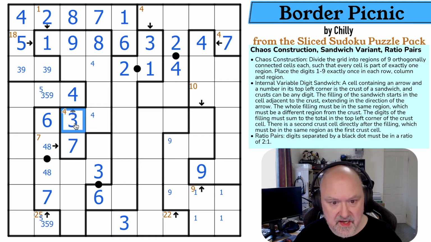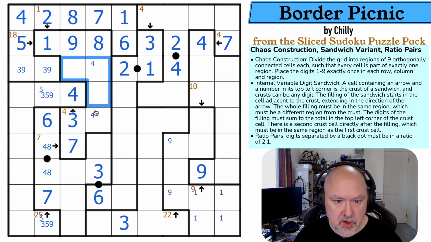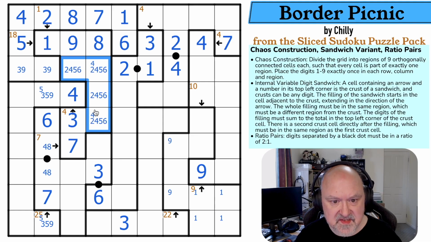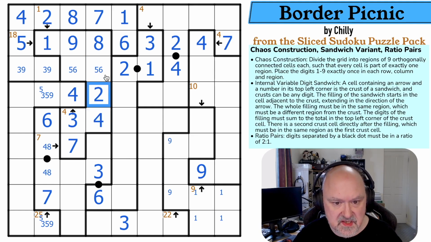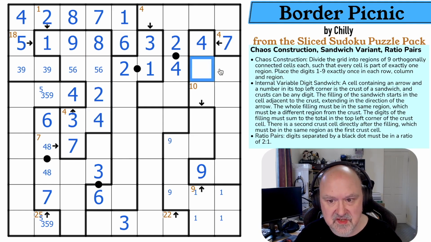This is a 3. This is a quadruple. 2, 4, 5, 6. Now there's no 2 or 4 there. So this is a 5, 6. There's no 4 there. This is the 4. This is the 2. This is a 5, 6. So this is a pair. 1, 2, 3, 4, 5, 6, 7, 8. And the 7 is making that the 8 and that the 7.